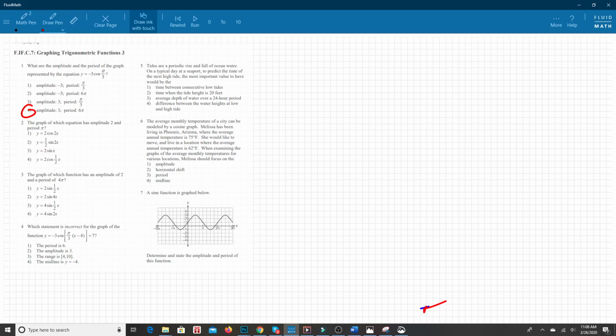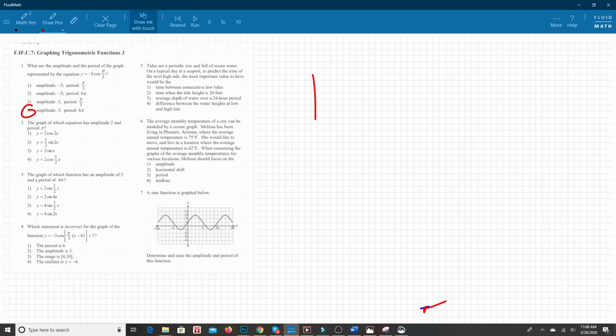Well, that's pretty easy. An amplitude 2 would preclude or prevent problem 2 being the answer, right? You want a period of pi.